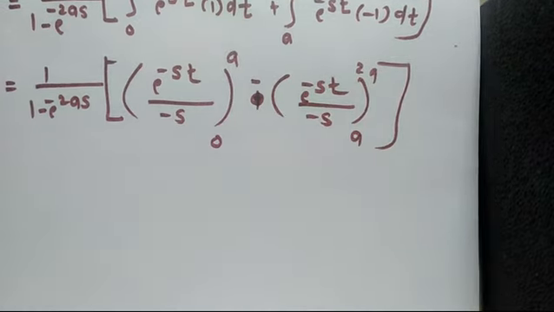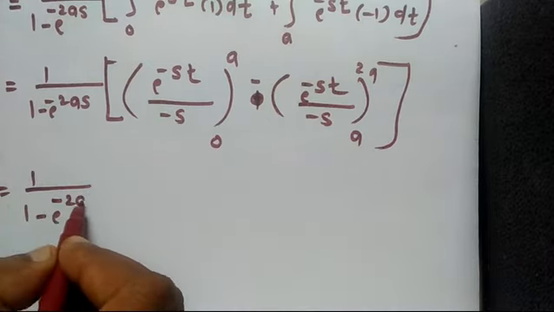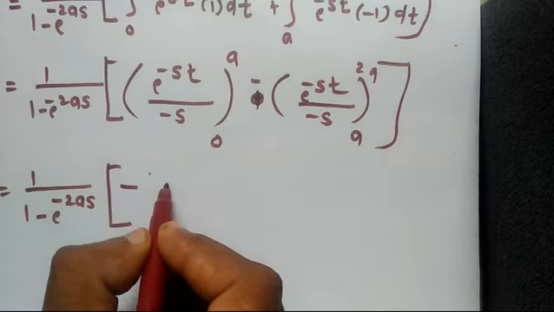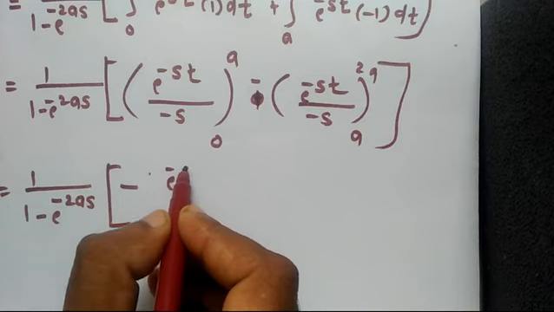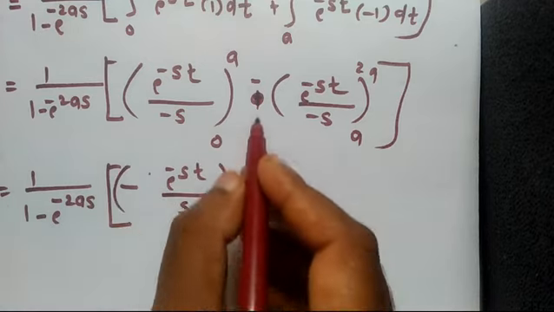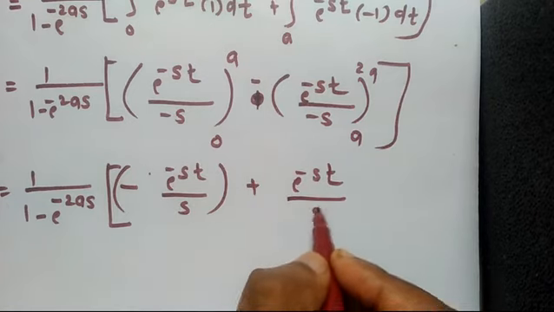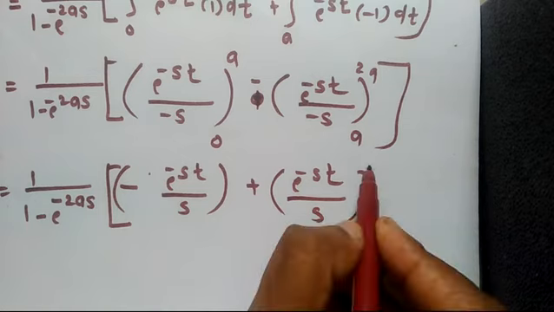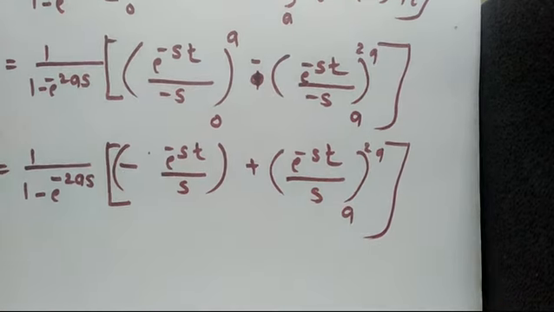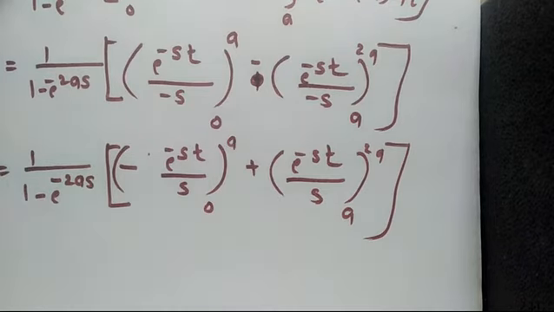So now 1 upon 1 minus e to the power minus 2as, this minus take constant outside: e to the power minus st by s minus minus plus e to the power minus st by s, a to 2a. Its range is 0 to a.